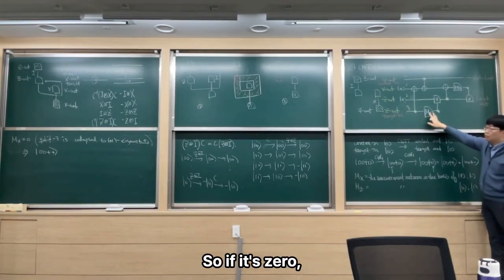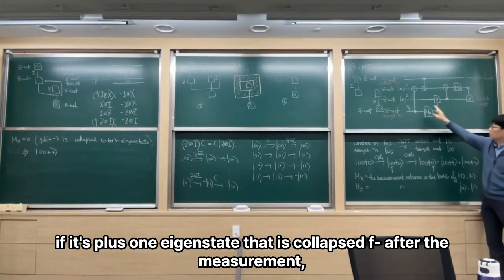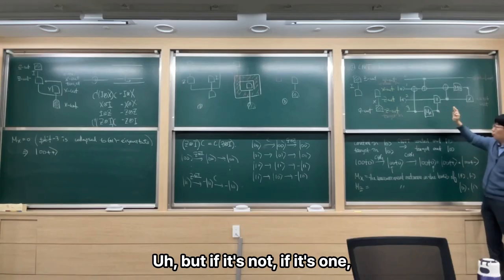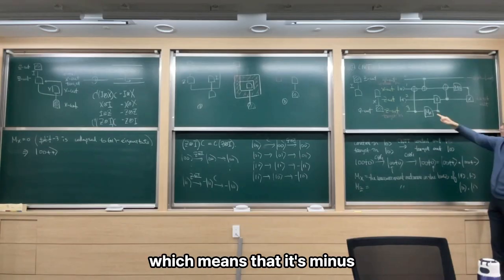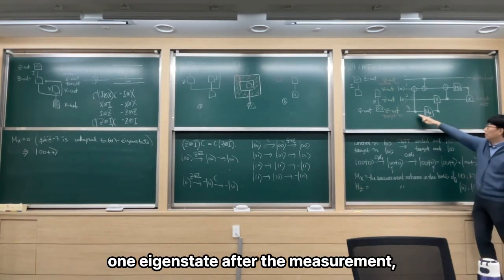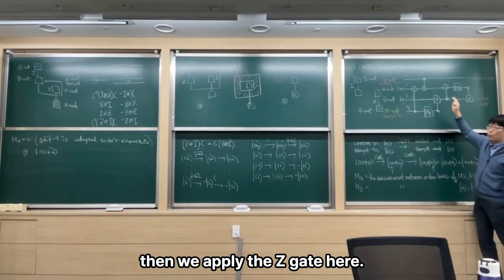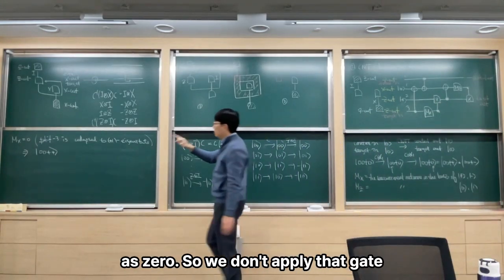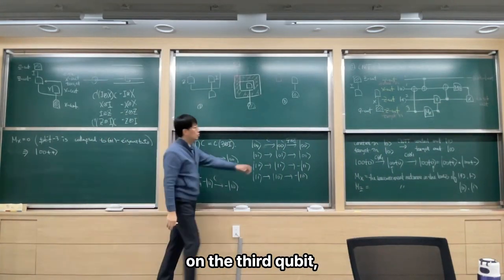If it's 0, if it's the +1 eigenstate that collapsed after the measurement, then we don't apply the Z gate. But if the measurement outcome is 1, which means it's the -1 eigenstate after the measurement, then we apply the Z gate here. So here we had a measurement outcome of 0, so we don't apply the Z gate on the third qubit.